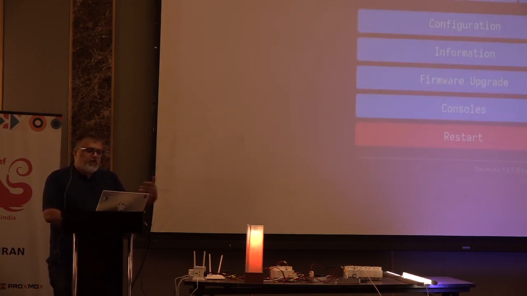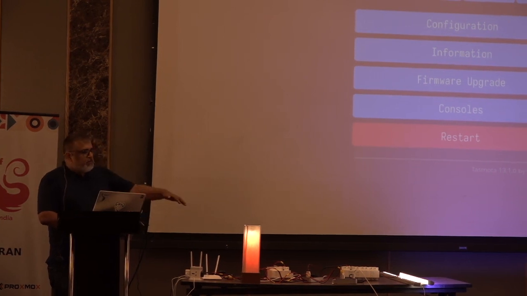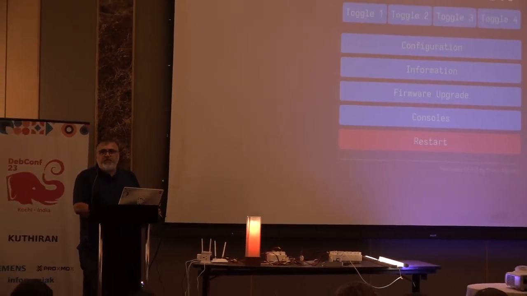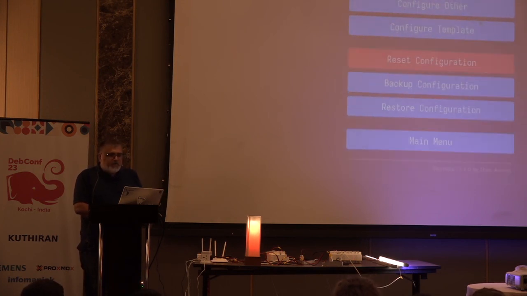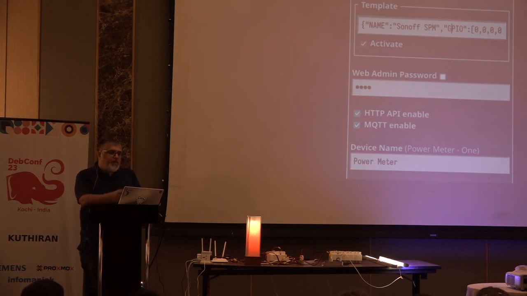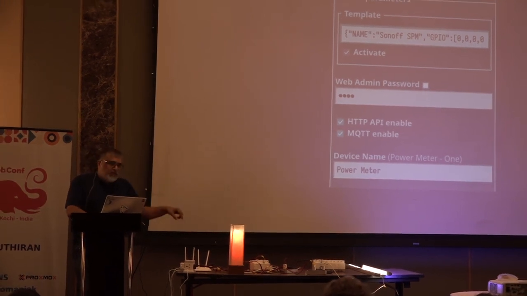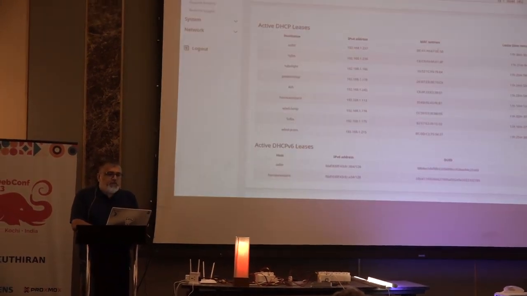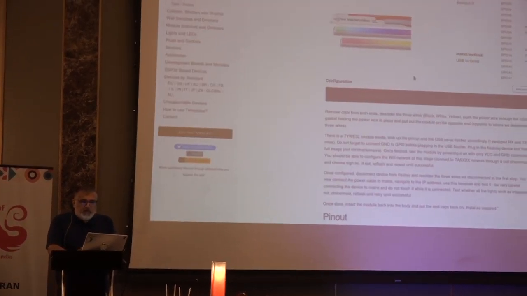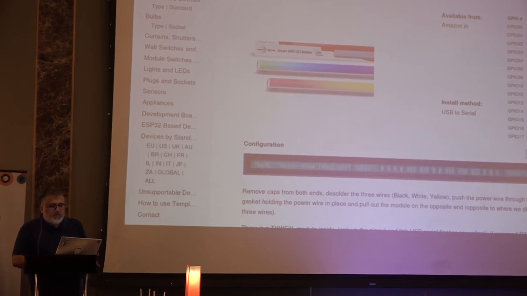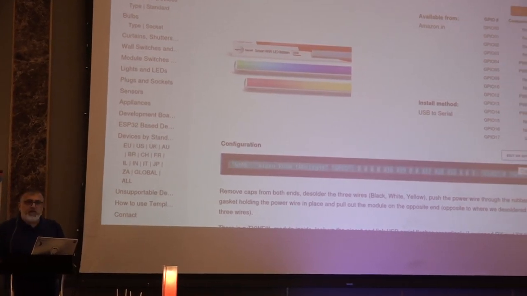Now, the way Tasmota works is, the firmware that you install in each of the devices is exactly the same. How do you know what type of device you're flashing it onto? There is this concept of templates. You go and paste a template here, and that configures the firmware for the device that you have flashed it on. So how do you get these templates? If you look at the Tasmota documentation, you have the templates documented here, right?